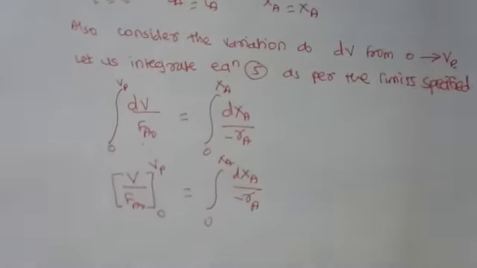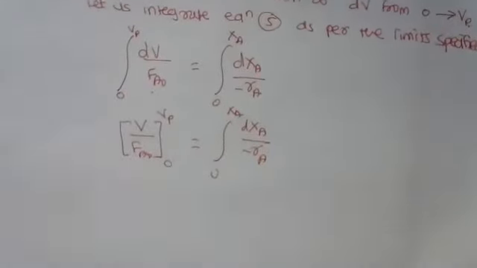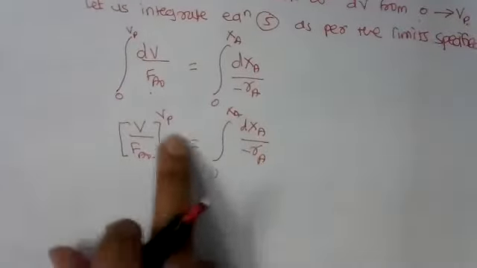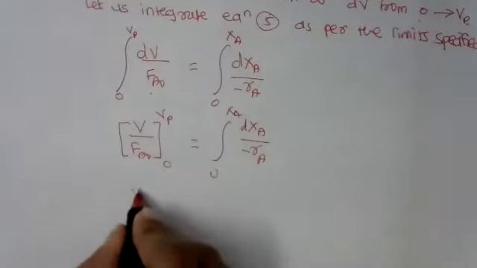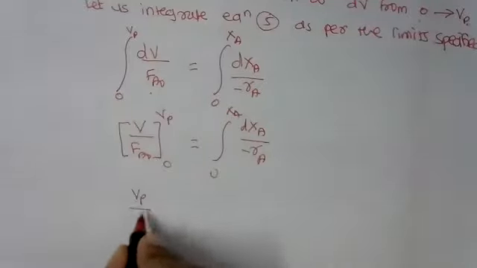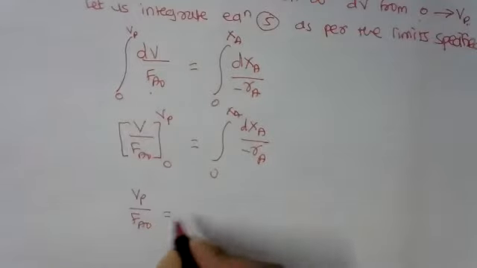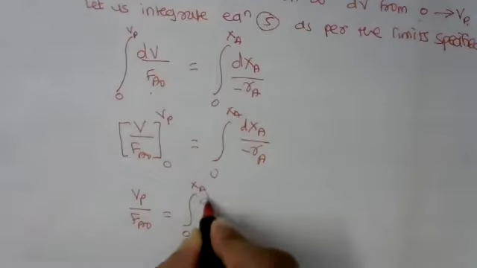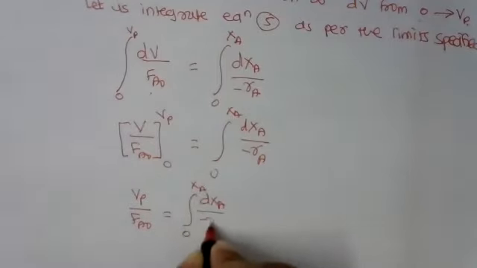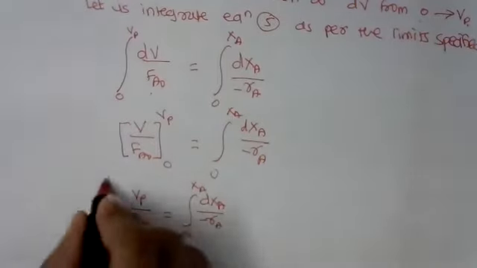If we substitute the limit, I will get the performance equation as Vp upon Fa0 is equal to the integration from 0 to Xa of dXa upon minus Ra.